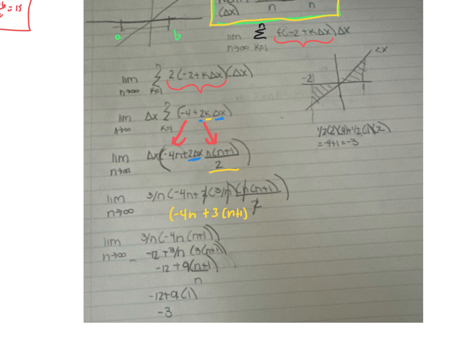Now, with the 3 over n on the outside, now this is the green parenthesis. This is the green parentheses. So this should be the green parentheses, but let's see if we agree with this.